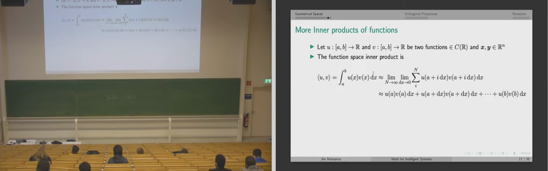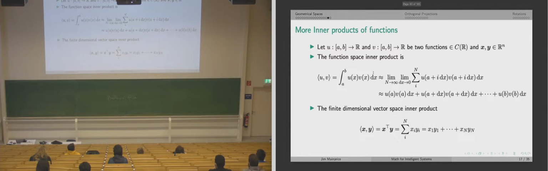So if we discretize the integral, what we're doing is multiplying two elements at a certain point on the image, then adding the multiplication of the image of two points, and so on.